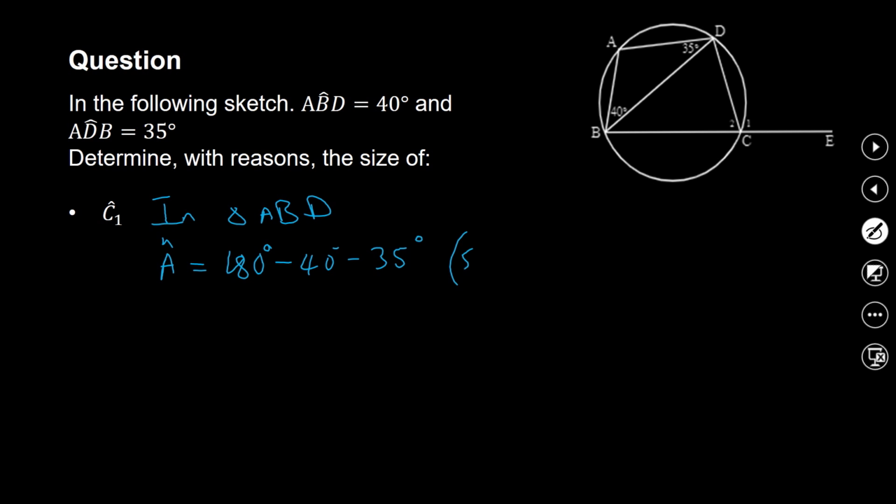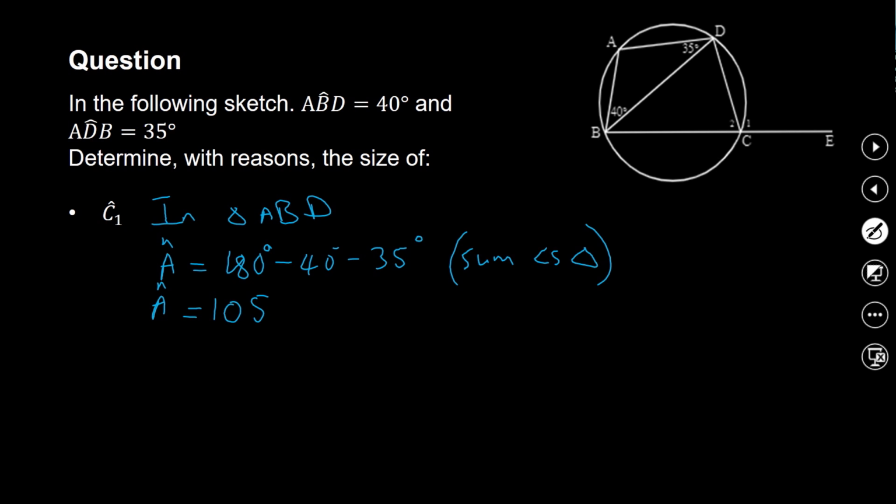And this will be because of the sum of angles in a triangle, which is 180. So that's why I'm subtracting there. 180 minus 40 will be 140, minus 35 will actually be 105. And that's my angle A.